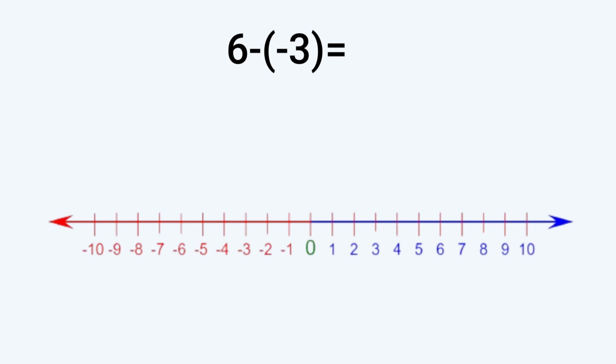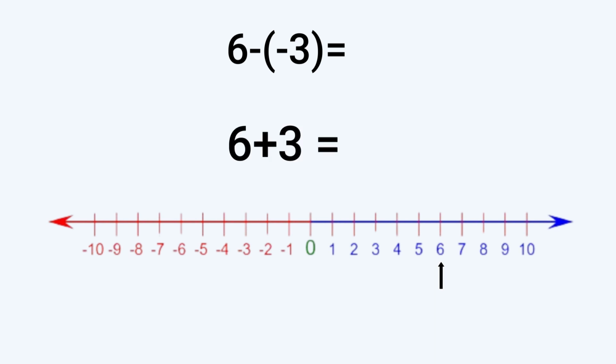What is 6 minus, in brackets, minus 3? How do you use the number line to achieve this? We firstly mark 6 on the number line, and then it says minus minus 3. Before we do this, there's something we must know in mathematics. When we have a negative sign before a bracket containing a sign, the negative sign causes the other negative sign to change, and it changes the minus 3 into positive 3.